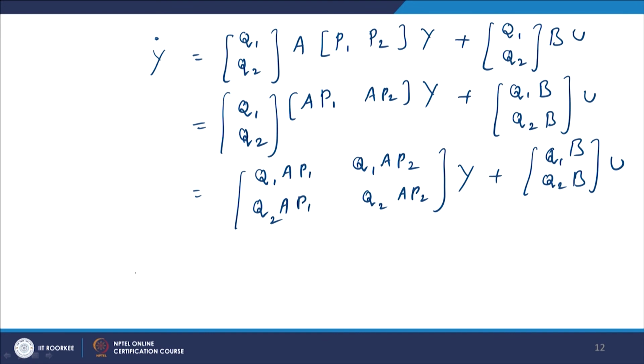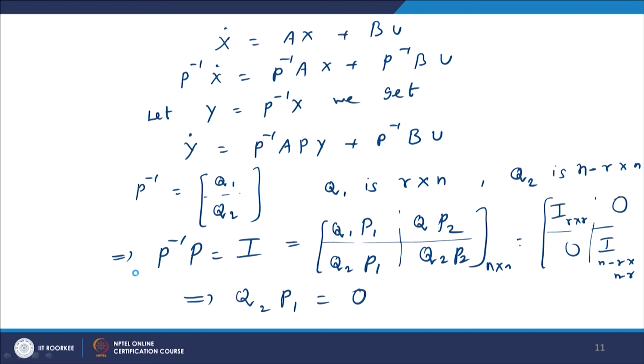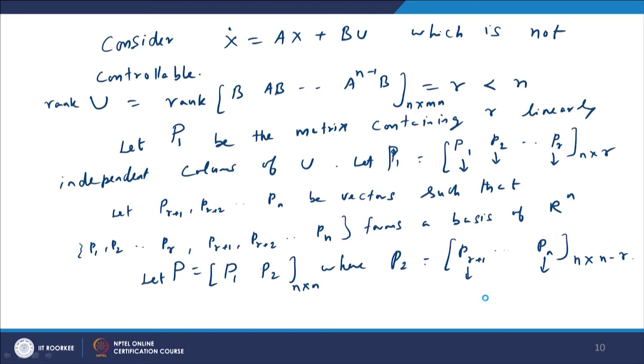So, now we can make use of the fact that Q2 P1 equal to 0. It means the rows of the matrix Q2 are all orthogonal to all the vectors P1, P2 etc. And so, that implies Q2 into B equal to 0, because B also is part of the U matrix and all the columns of U matrix are generated by P1, P2, PR.